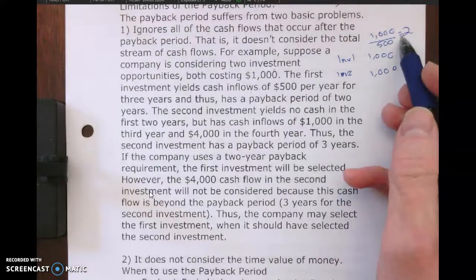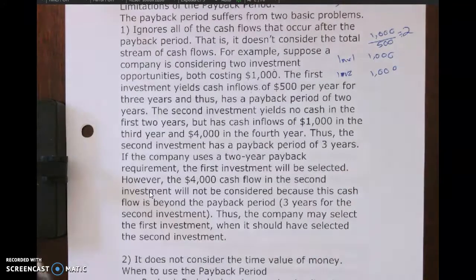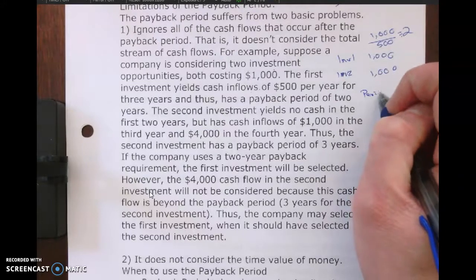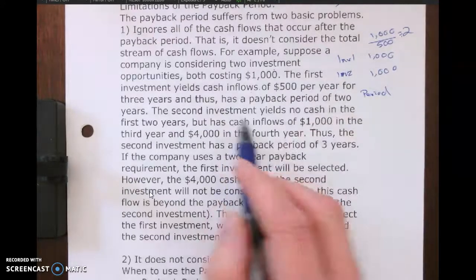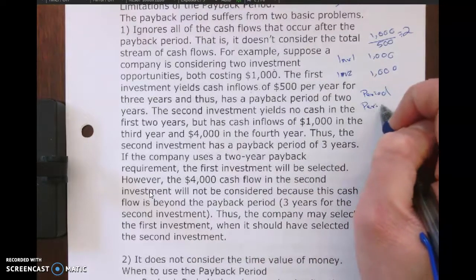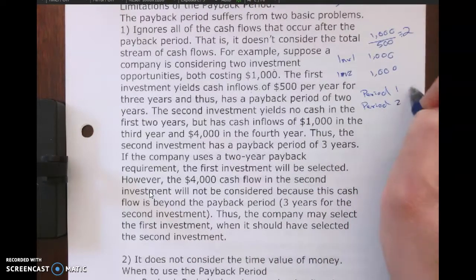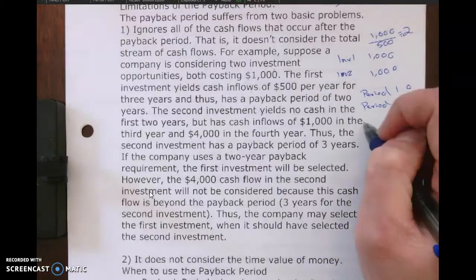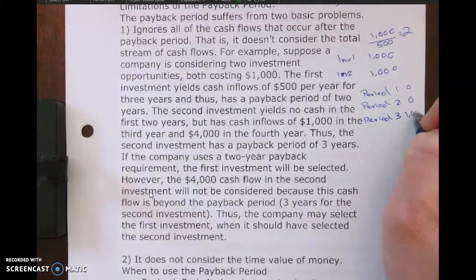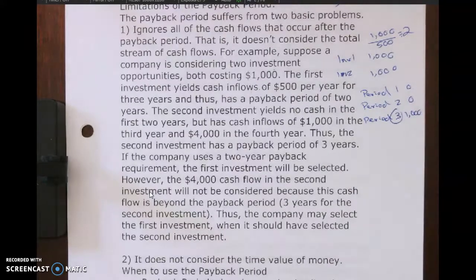It's a 2-year payback. Okay? The second investment, though, I'm going to say period. The second investment yields no cash in the first 2 years. So period 1 and period 2, cash flow is 0. Period 3, we have $1,000. So what is the payback? It's 3 years, because that's when we recoup that $1,000.